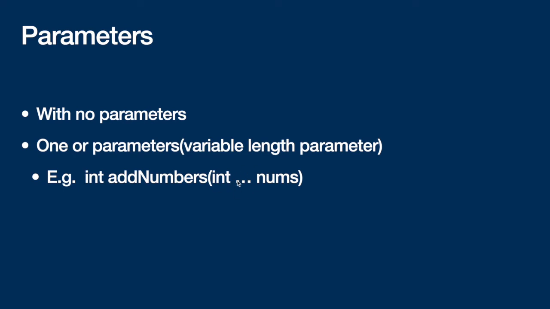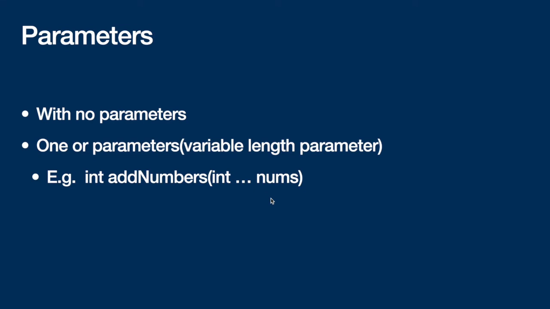So this one indicates that nums is a parameter with multiple values. Like this, this means that the parameter is an array called nums, and it can have different lengths as we like to use.